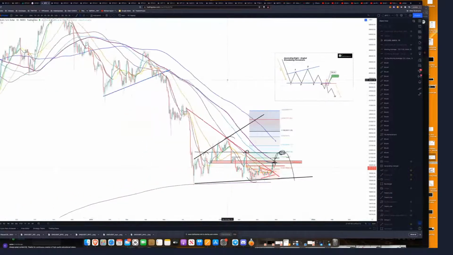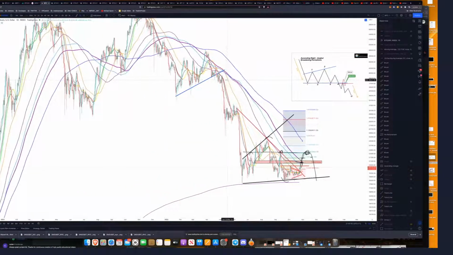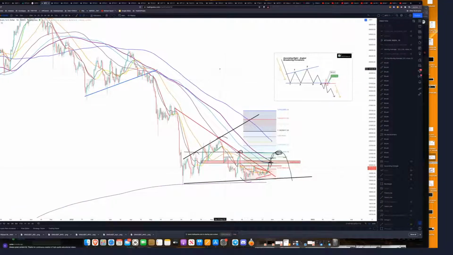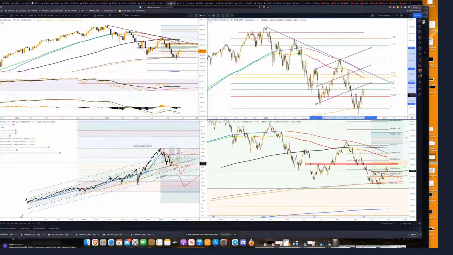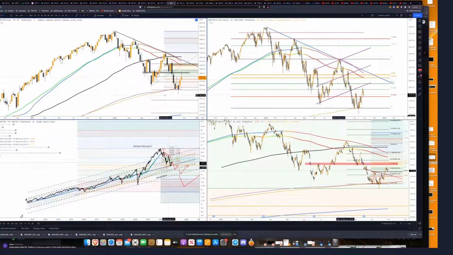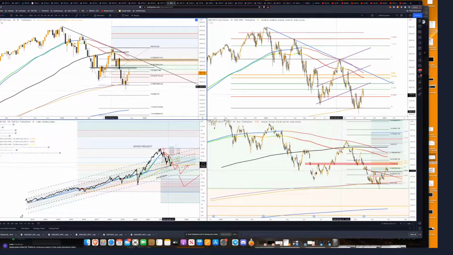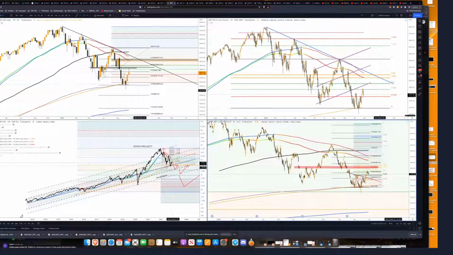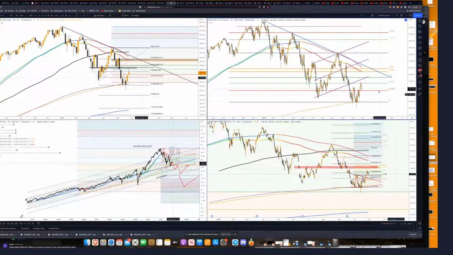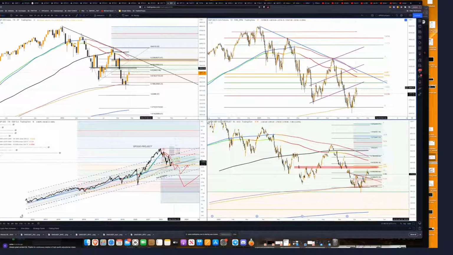So if you agree that Bitcoin is correlated to the big markets, then you understand my perspective. So what we're going to do is look at the SP 500. That's SP 500 with the index, and this is the one with the futures, and this one on the top right is all the Fibonacci.